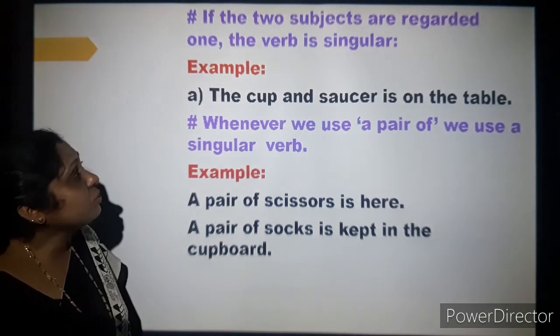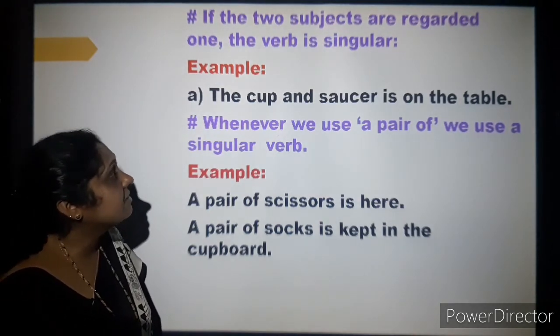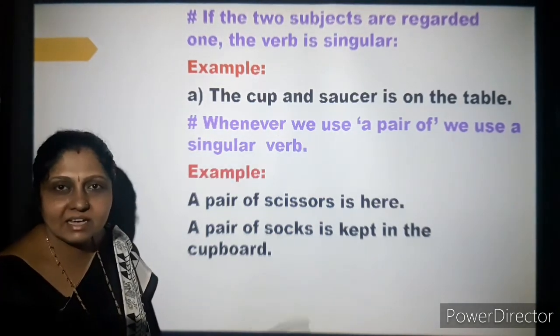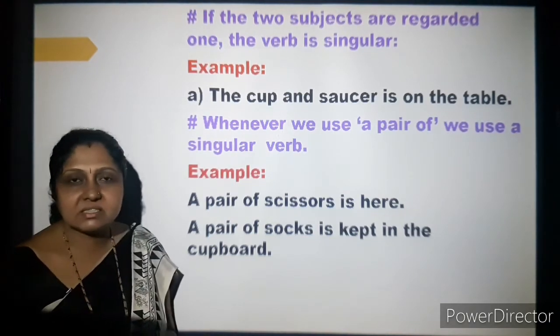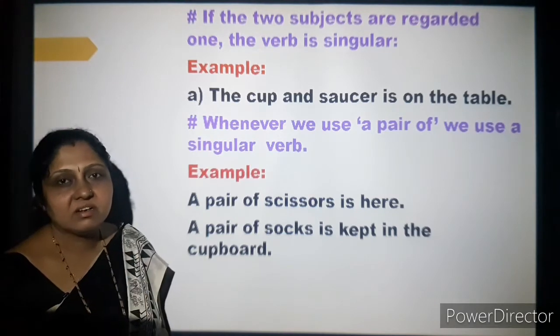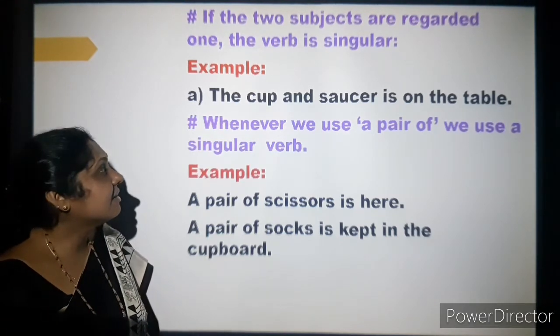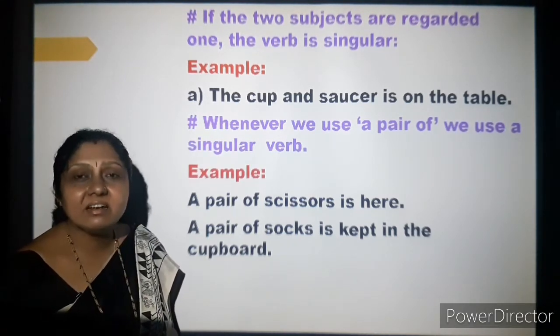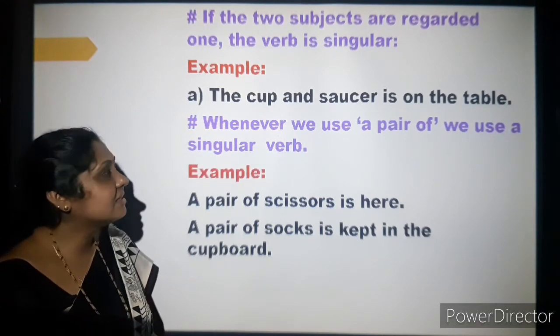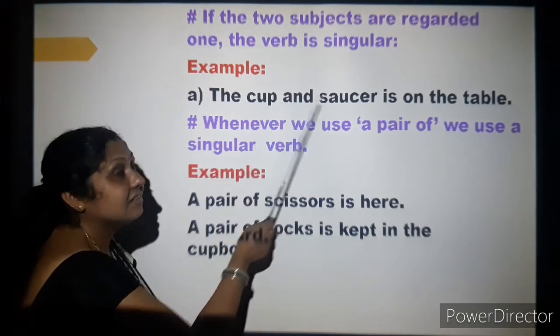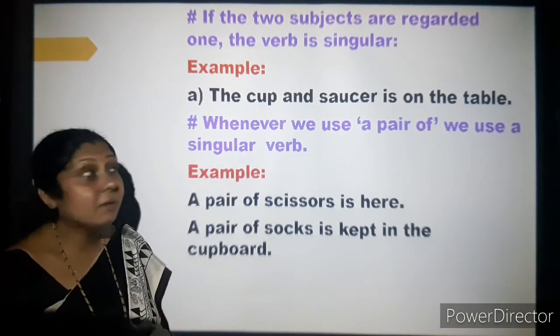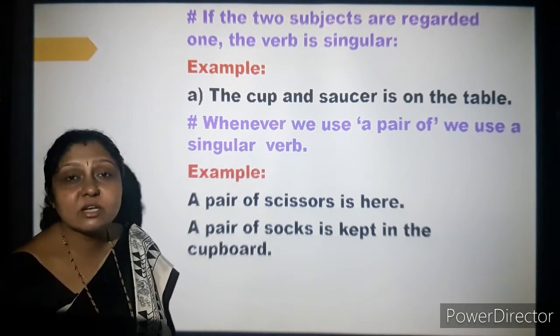Now, if the two subjects are regarded as one, the verb is singular. As I gave the example at that time, there will be combinations of words or usage itself in the same way, like the cup and saucer, the needle and the thread. So what happens? These two are considered as a single unit. The cup and saucer are on the table, that is the wrong usage.